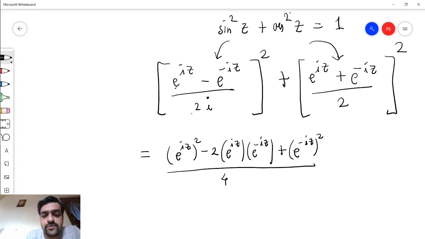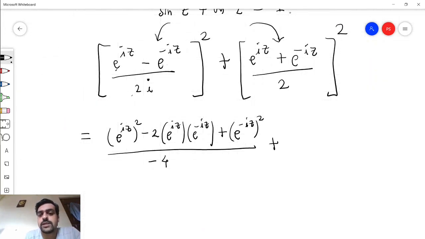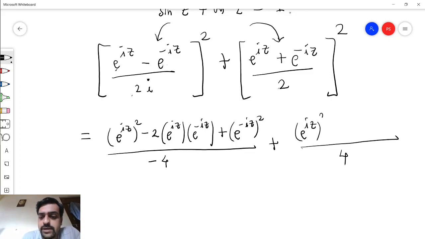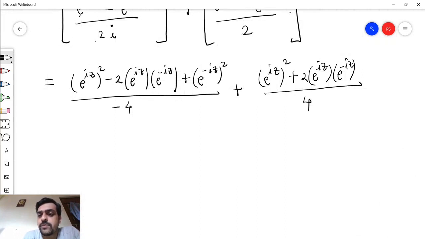2 squared gives us 4, i squared gives us minus, so we will have minus 4 here, plus, now here we have a plus b bracket squared, and 2 squared gives us 4, so e raised to iz squared plus 2 e raised to iz e raised to minus iz plus e raised to minus iz squared.